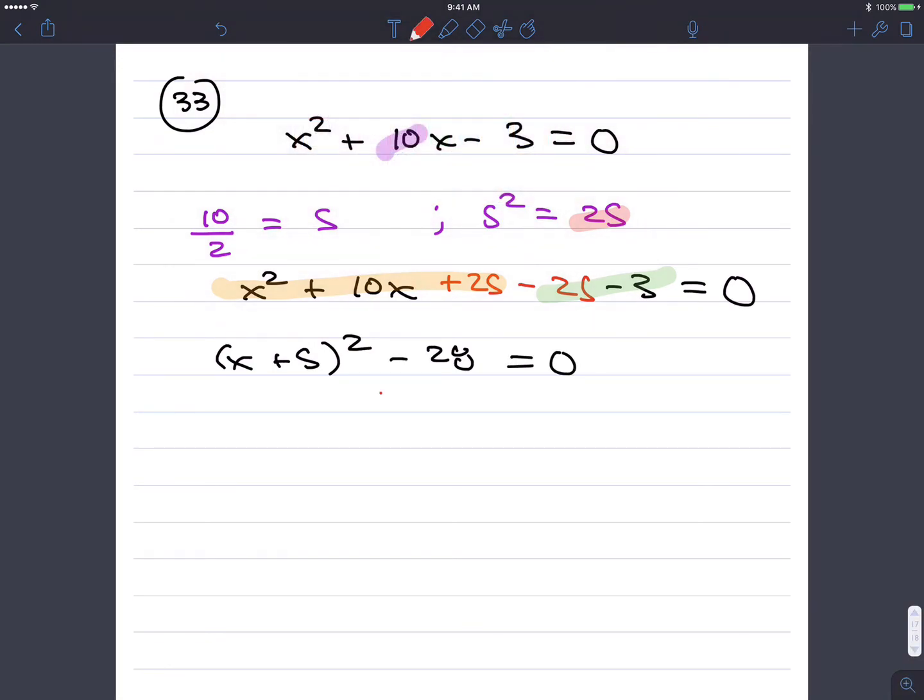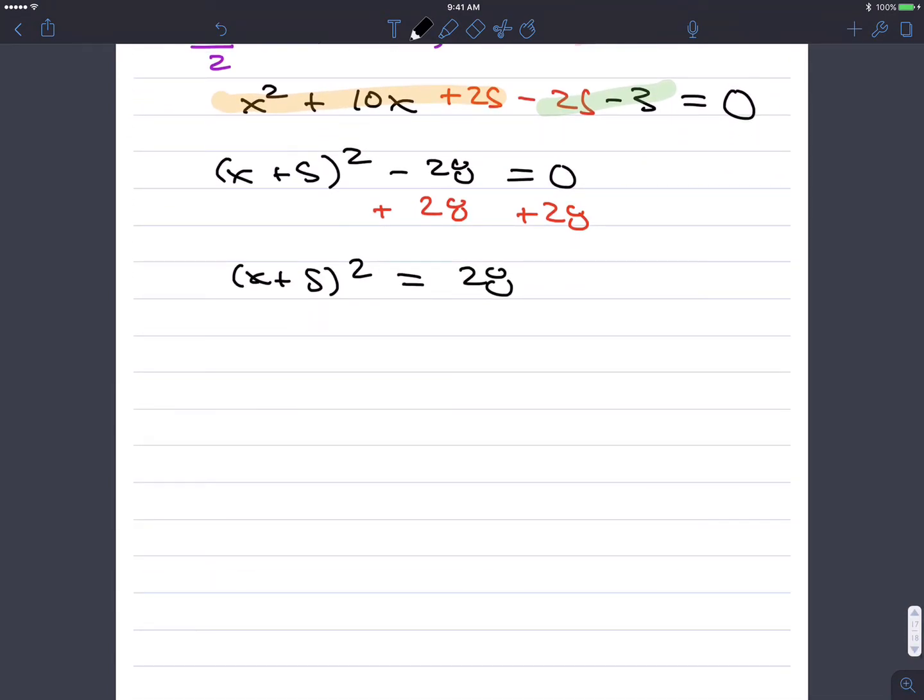So we can now add 28 to both sides. And you end up with x plus 5 squared is 28. Use the square root formula. X plus 5 will be plus or minus square root of 28.